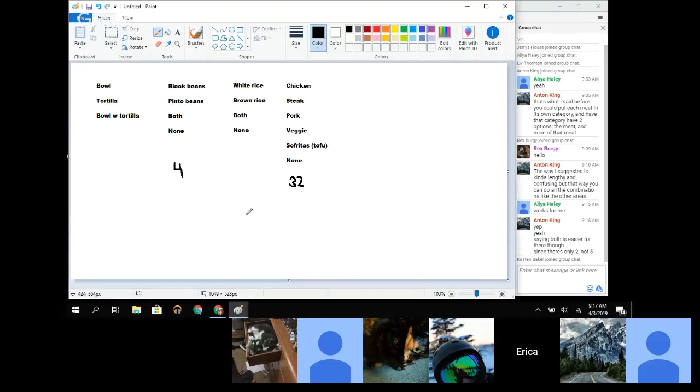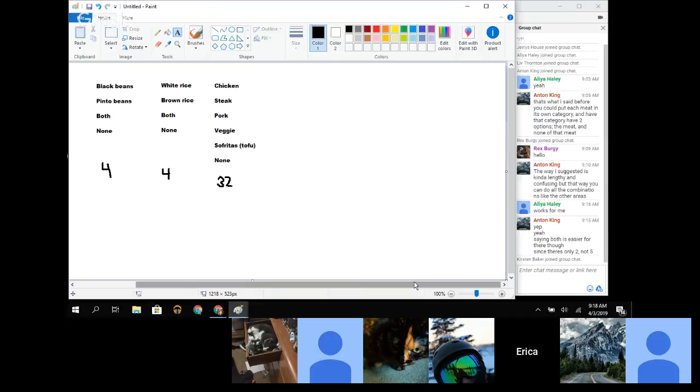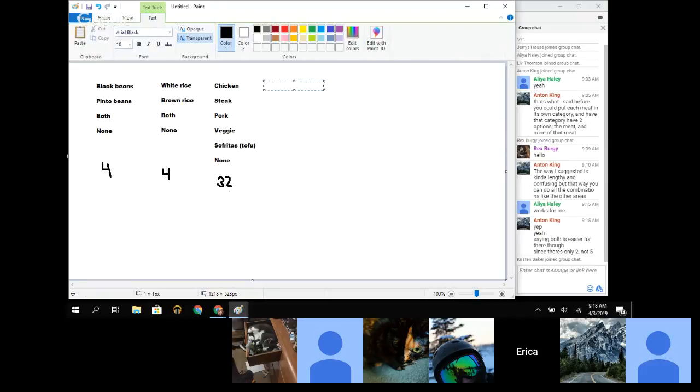Okay, so we've got 3 choices for our vessel, 4 choices for our beans, 4 for rice, and 32 for our protein. So what else do we have now? I think for all of our toppings, we're going to be best to do, for example, cheese or no cheese, right?